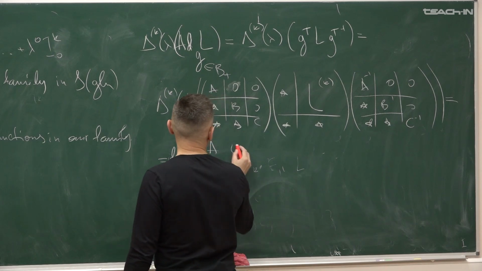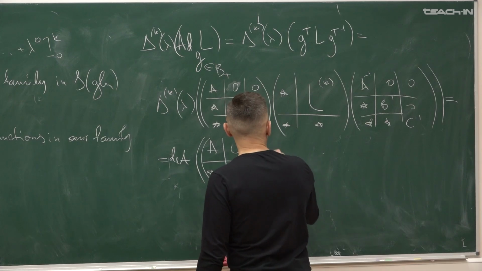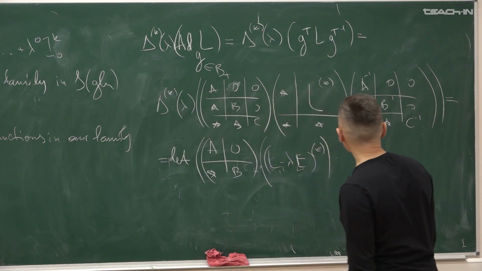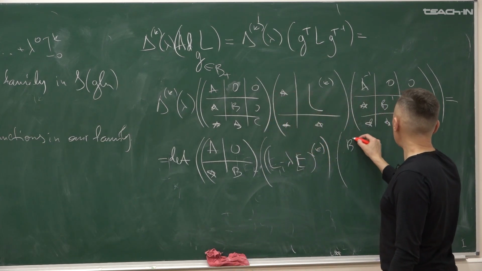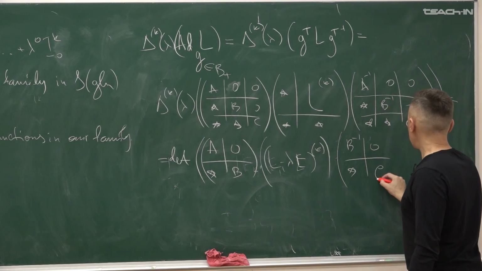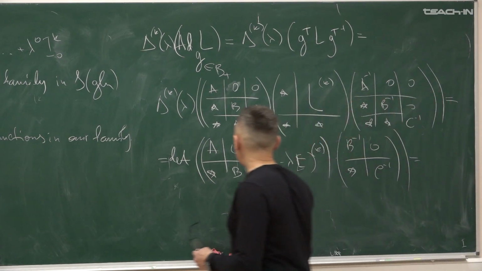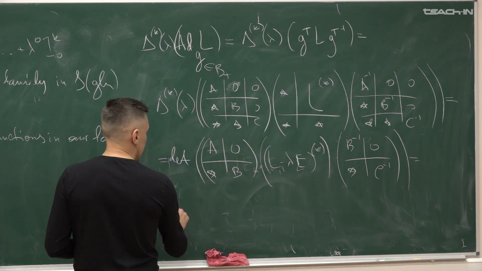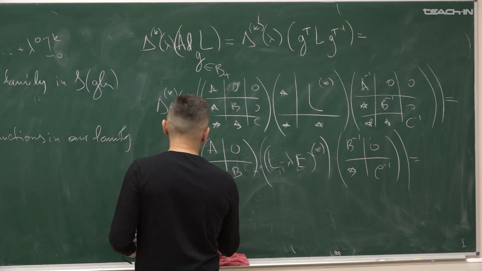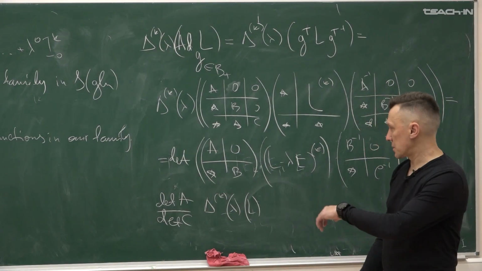I pretend to such a formula: L minus lambda E k, B minus 1, 0 star, C minus 1. Okay, so this is equal to A divided by C times delta K lambda L. And this is already a result.